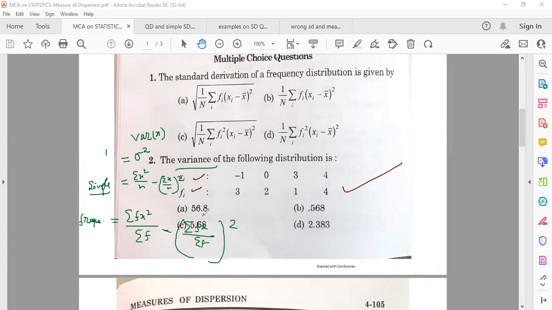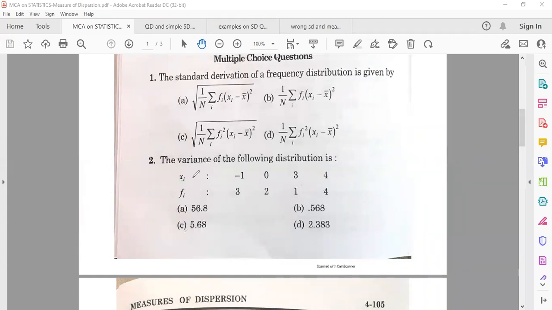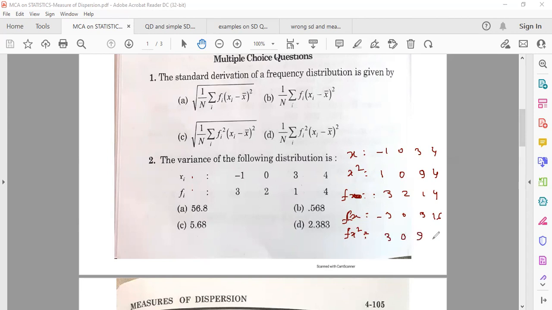So x and f are given; it is a little bit tough to calculate. We have to record the x square values, and f is given, then fx is also required, and fx square is also required.